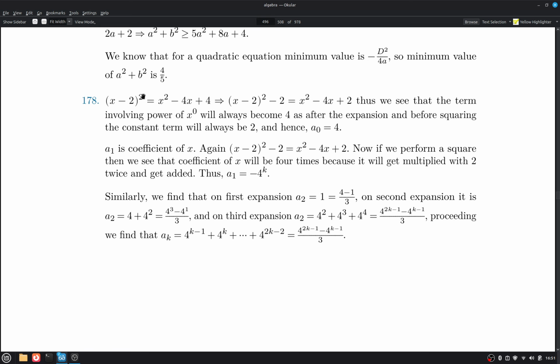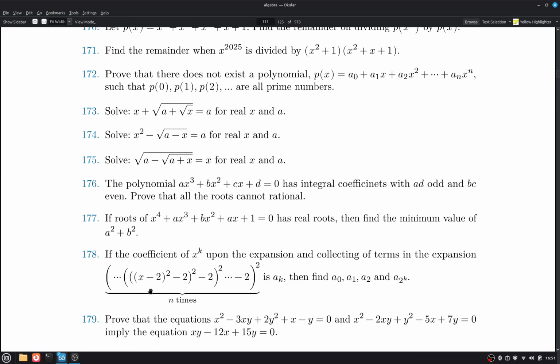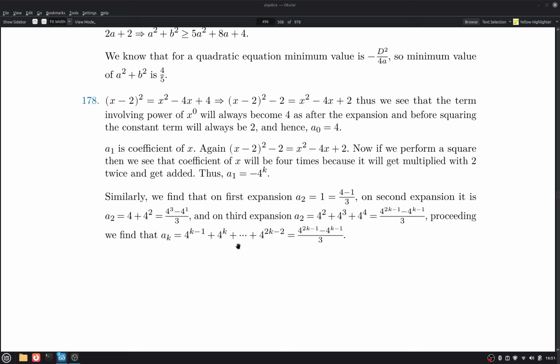So when you square this it becomes 4, and then before squaring it, since 2 will be subtracted, it will become 2 again, and then you square this, it will become 4 again, then subtract 2, then it will become 2 again. So you see, the coefficient a0 would be 4, because finally we are squaring. The final operation is squaring. So the coefficient of the constant term would be 4.